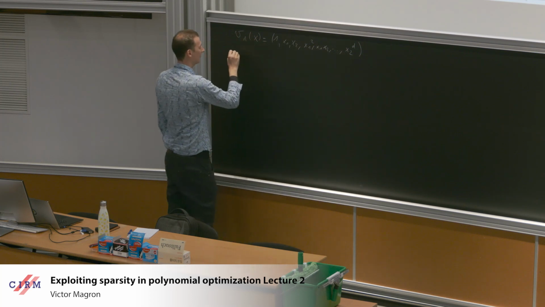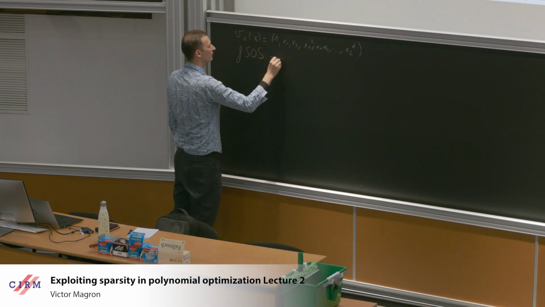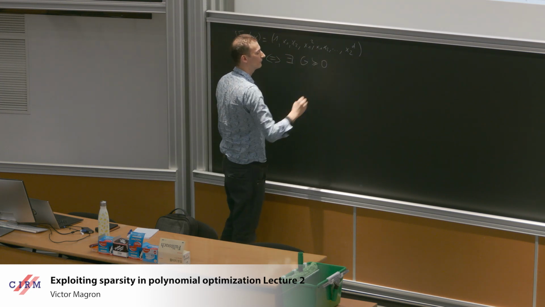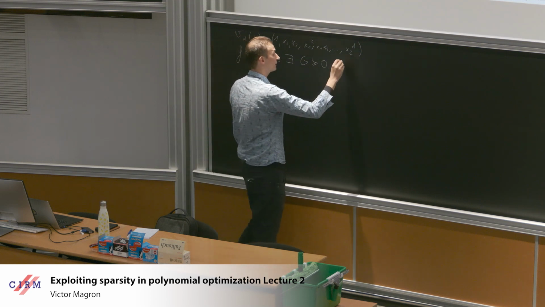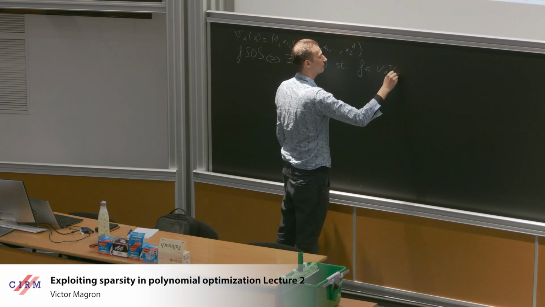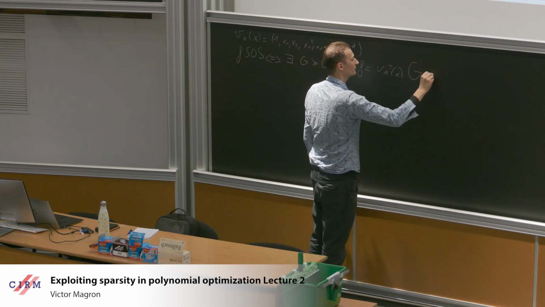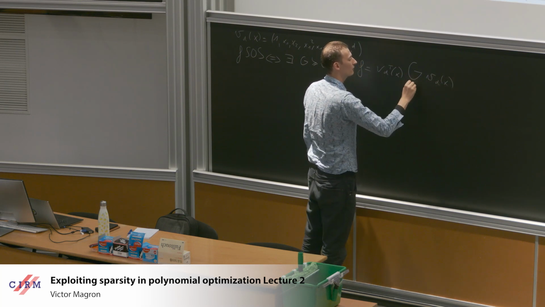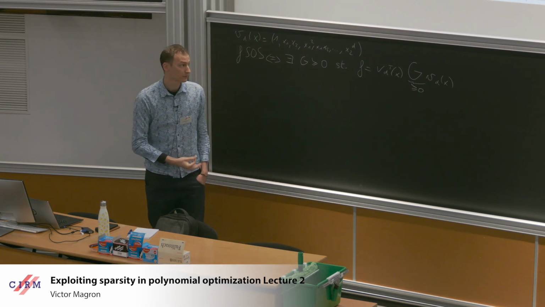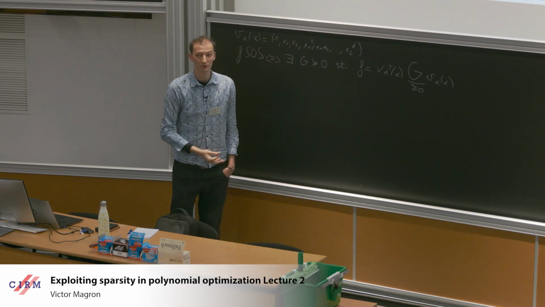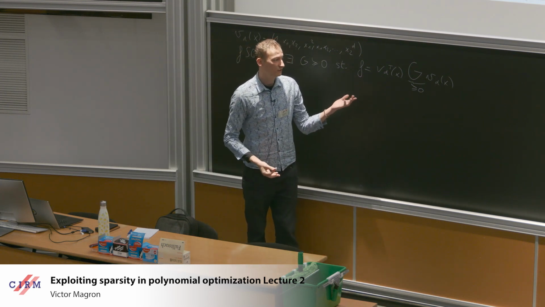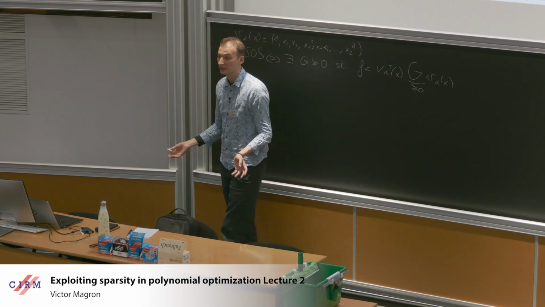And you know that f is SOS if and only if there is a so-called Gram matrix associated to f with non-negative eigenvalues, such that f is equal to this vector of monomials times the matrix times the vector of monomials. So there is an equivalence between being a sum of squares and having this decomposition. And then it's a certificate that f is non-negative, because since G has non-negative eigenvalues, the product is non-negative.